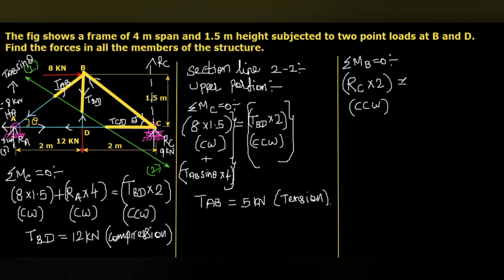This should be balanced by the moment made by the TCD. Here TCD, there are two possibilities. It may act left side or right side. But whatever, here you can see, you can consider this is acting like this. So from the point B, that will be in a perpendicular distance 1.5 meter.